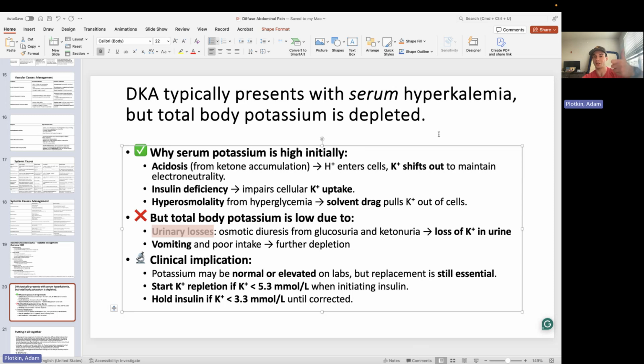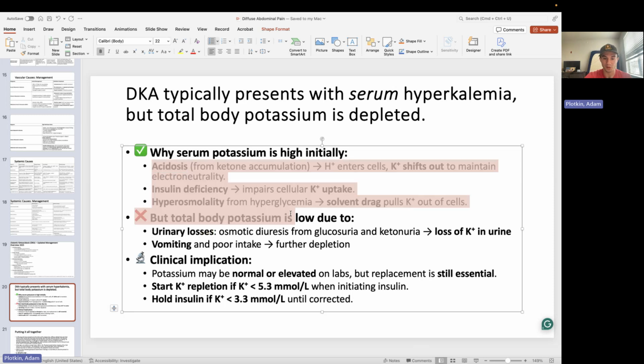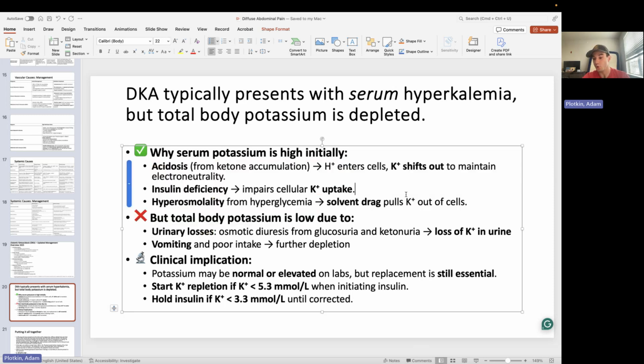So yes, their serum potassium is high from these 3 reasons, but we're also losing a huge amount of potassium via this osmotic drag through the urine via elevated glucose and ketones.